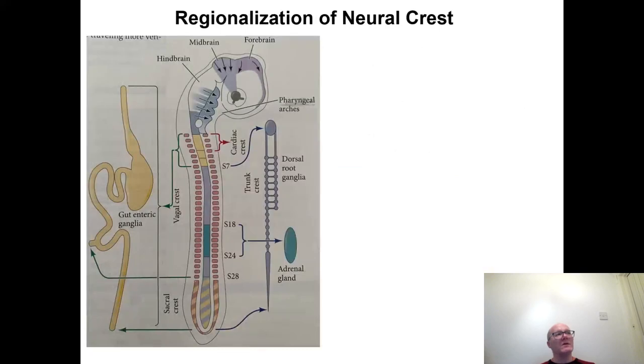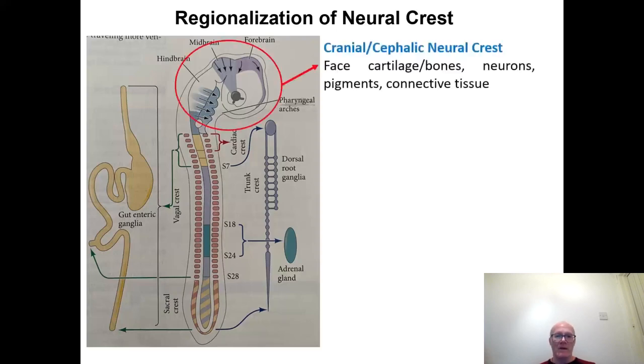So in terms of what they do along the anterior-posterior axis, we can recognize different regions of the neural crest. We have the cranial or cephalic neural crest, which are found and migrate in the most anterior part of the developing neurons.